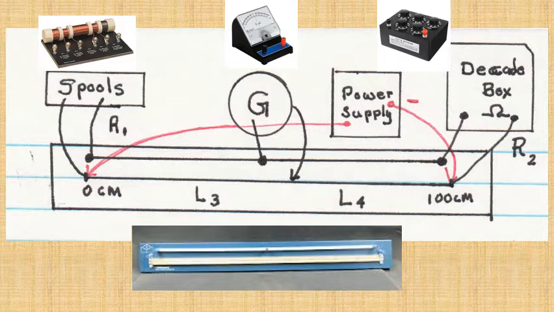We then put the other wire, and we're going to touch the wire until we read 0 on our galvanometer. The decade box would be calibrated from 11 to 19, and then we'd zero out the 10 for most of our readings, because we want to stay as close to the center as possible.